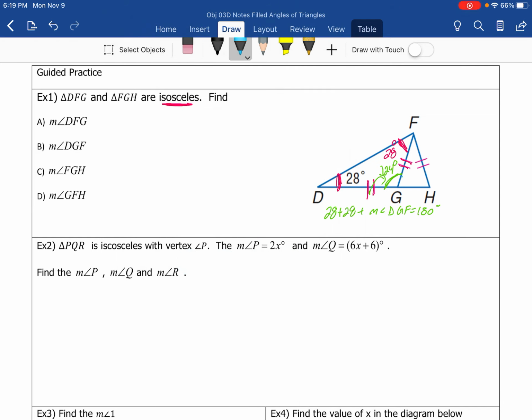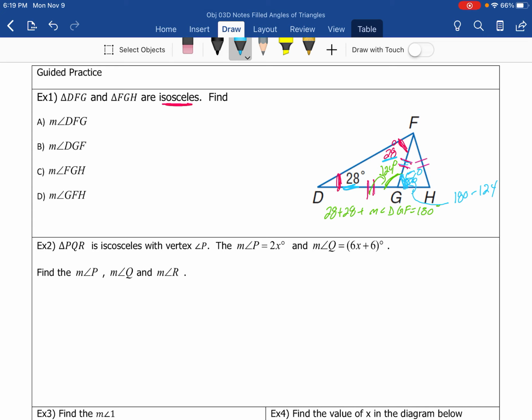Things from the last unit, because we continue to build, which is something we definitely do with this class. This angle right here has to be 180 minus 124 because they're a linear pair, which happens to be 56 degrees, which also happens to be 28 plus 28 because 56 degrees is the exterior angle.